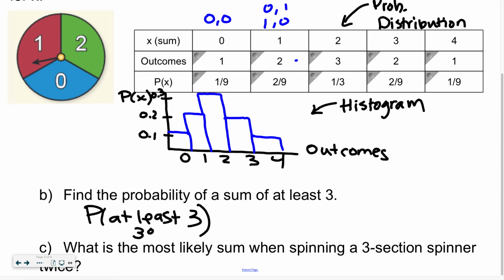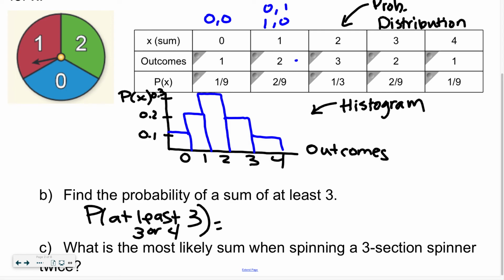That's 3 or 4 as possible outcomes for a random variable, right? And or means what? Add. So I'm adding the probability of 3 plus the probability of 4. There shouldn't be any overlap because I either get the sum of 3 or I get the sum of 4. I can't get the sum of both. Okay.